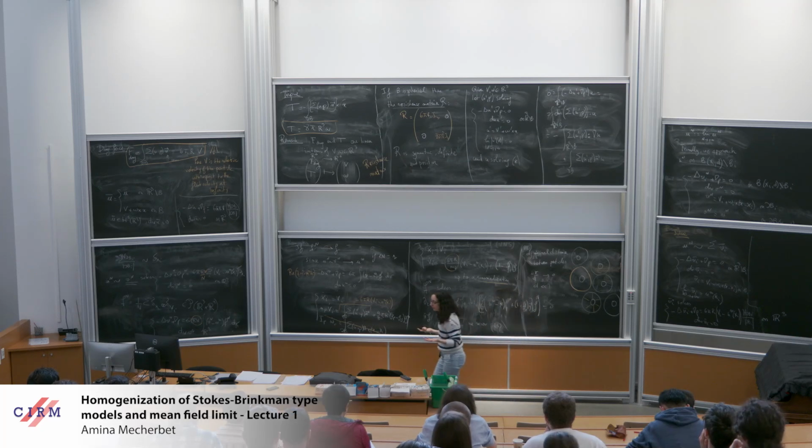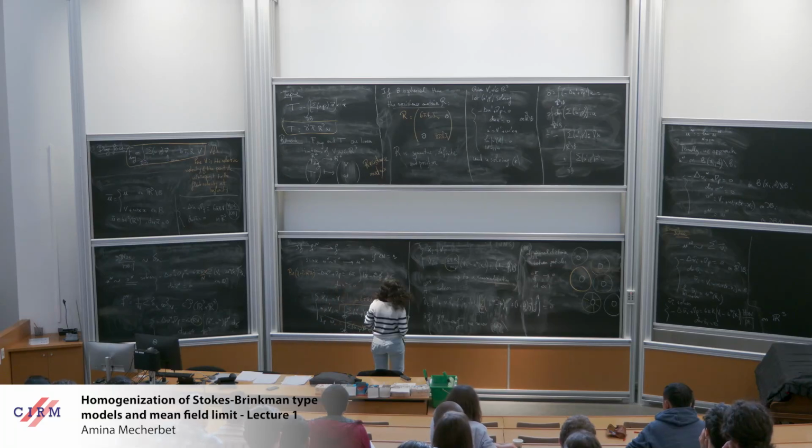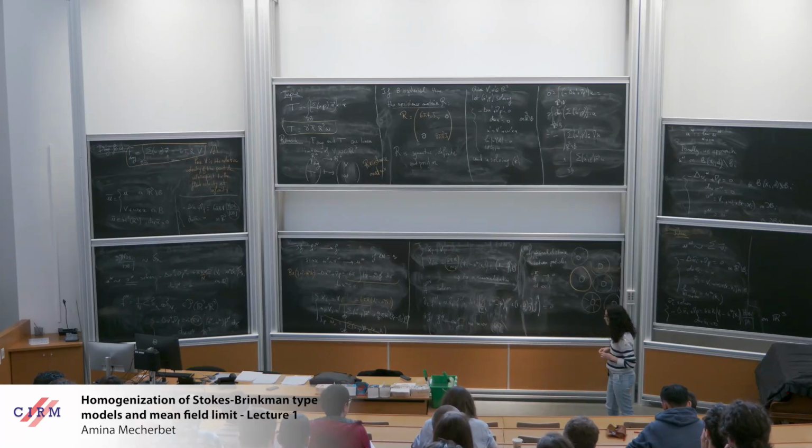So it will be done in two steps. The next time I will talk about the derivation of the Brinkman term, this one. I will try to give you an overview of the history and also a slightly more rigorous proof, but I will not enter into details, otherwise it will be too long.